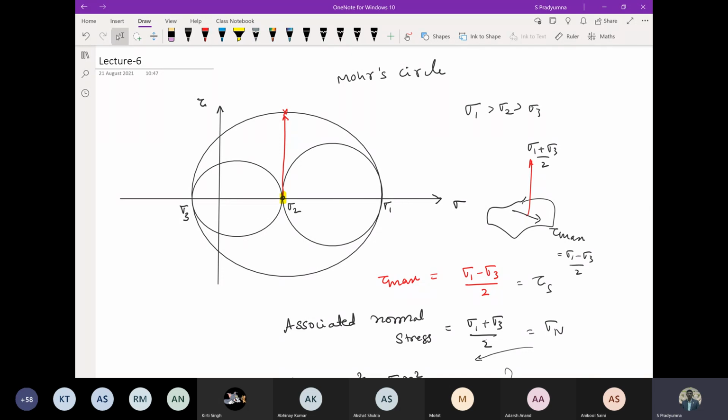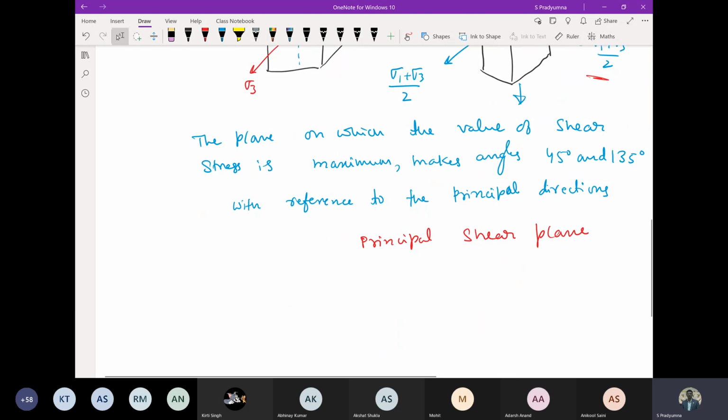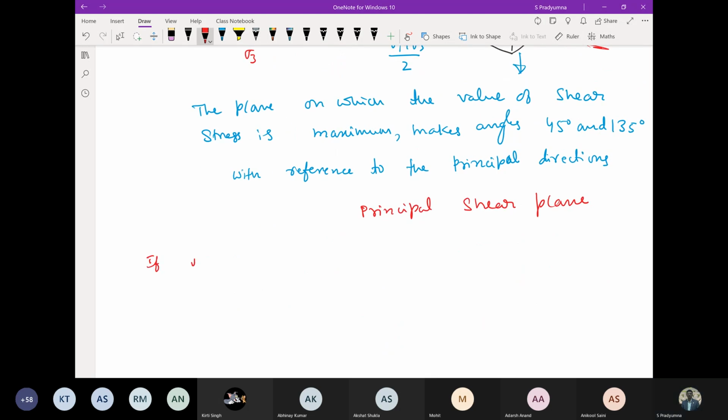So what happens to these three Mohr circles if two of the values are the same? That means if sigma 1 is equal to sigma 2, which is greater than sigma 3, what will happen to the three Mohr circles?